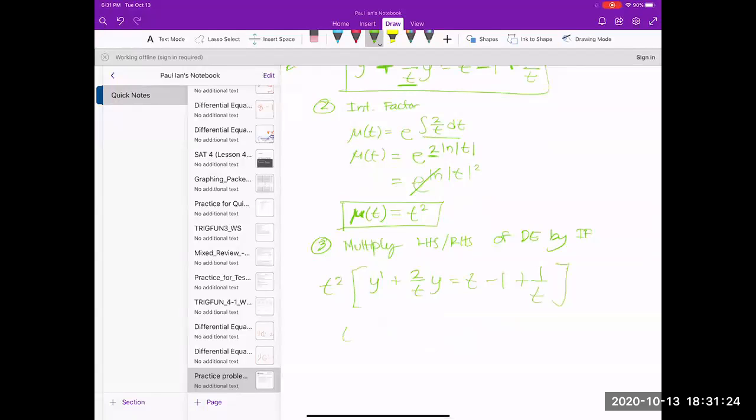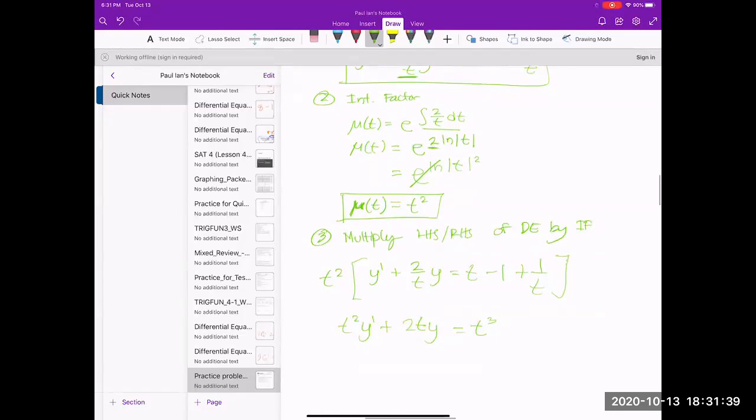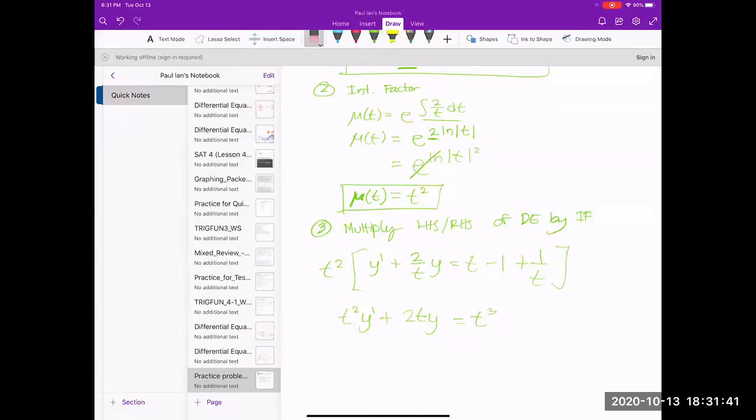And so just simplify t squared y prime plus 2t y. Oh, so you don't put the t squared in front of the original function, it's the simplified one? No, you have to multiply it through the function, both sides. Okay, because I got t cubed y prime plus t squared 2y equals t to the 4th minus t cubed plus t squared.